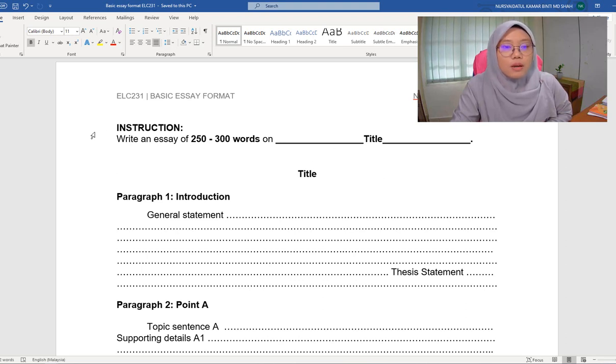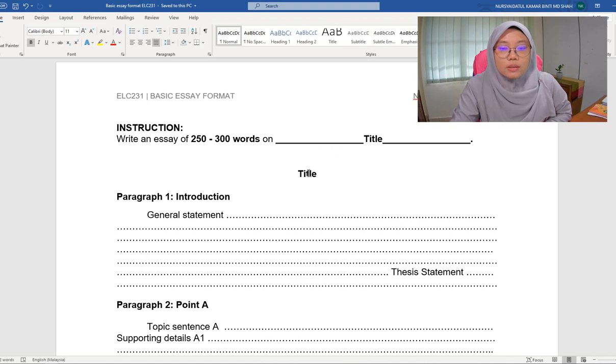The instruction: within the time given, you have to write an essay between 250 to 300 words on, so that is the issue, or that is the topic that you have to write about. I leave it blank here, which means that whatever topic you have to write about, we can consider this as the title.